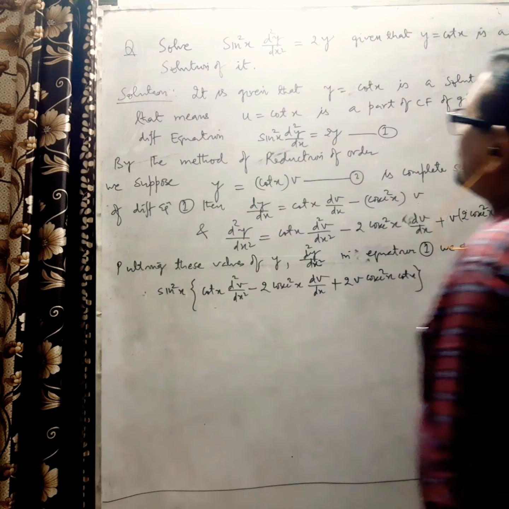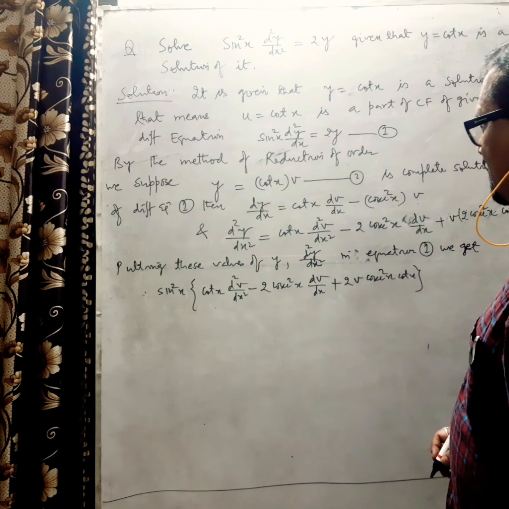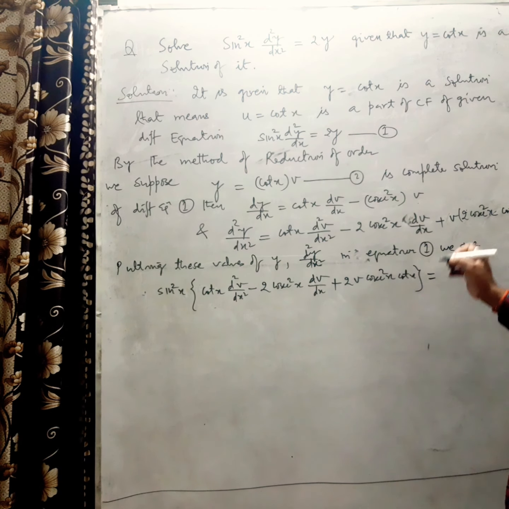This is d2y upon dx square, and the right hand side is 2y, where y is cot x into v.